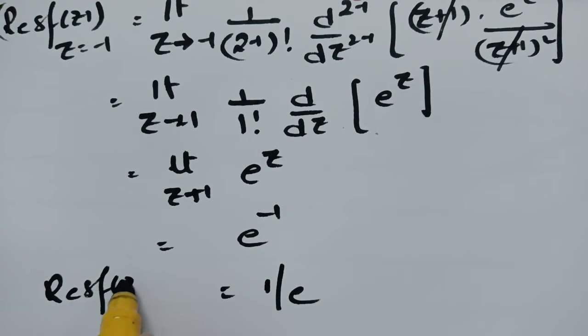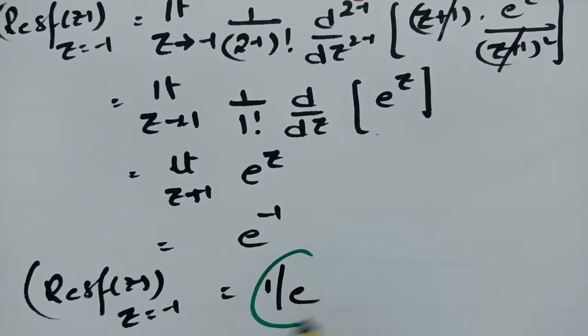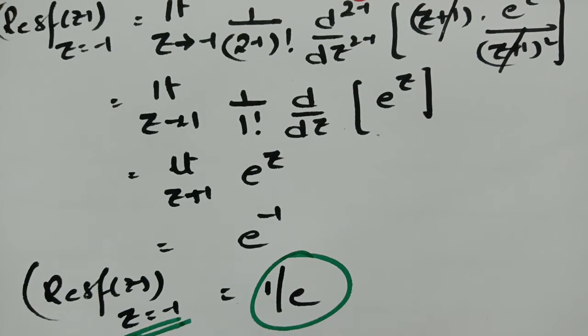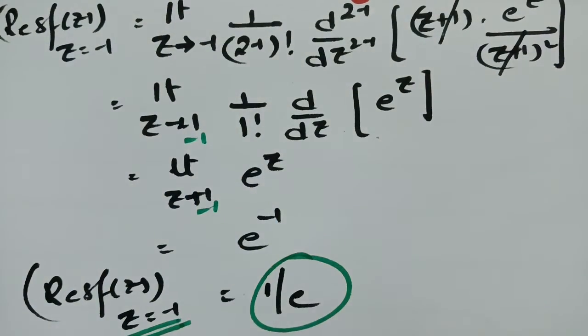Therefore residue of f of z at the corresponding pole value minus 1 is 1 by e. So e inverse is the residue value for the corresponding pole value minus 1.